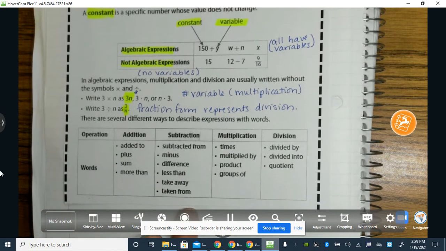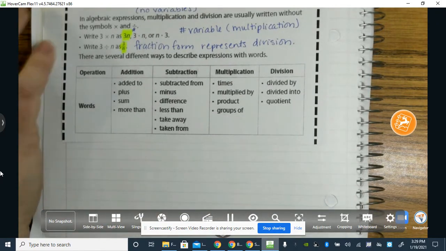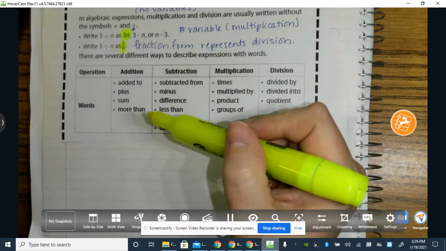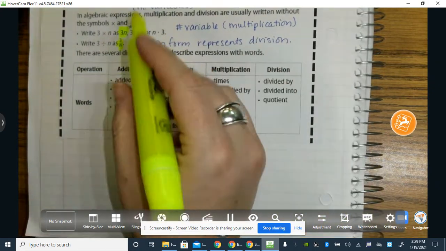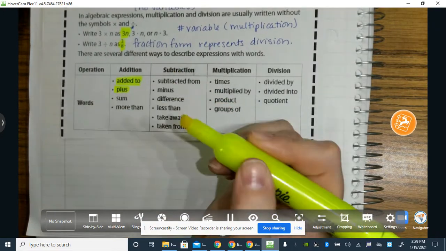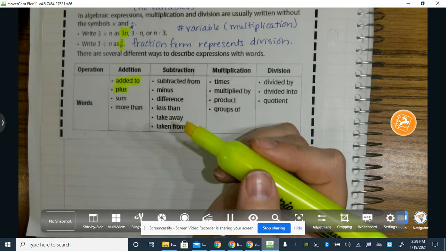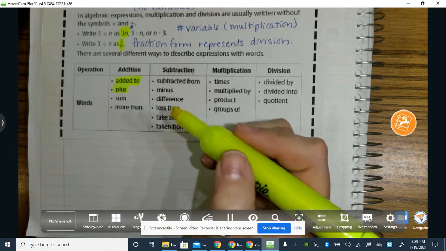So we have our 4 operations here. We have addition, subtraction, multiplication, and division. And here are some key words to represent addition, such as added to, plus. That was kind of like the first word when you started out with adding: plus. 4 plus 4.